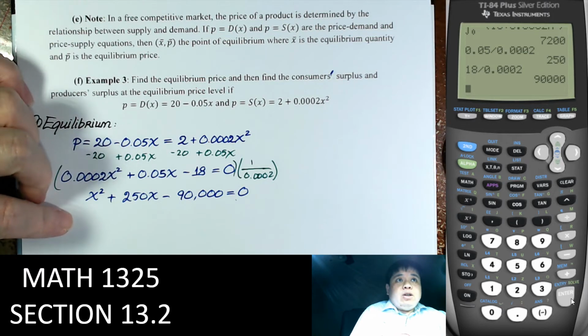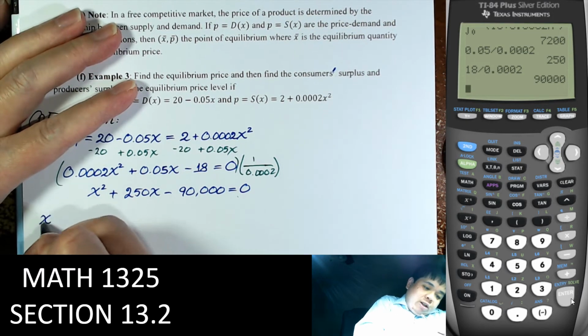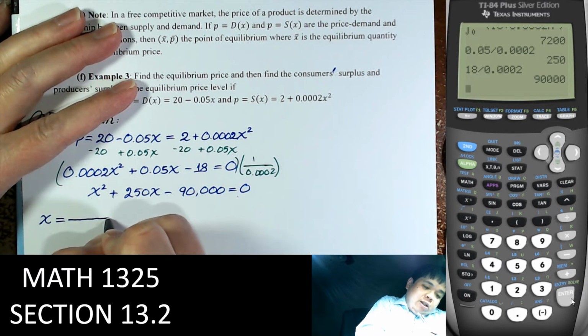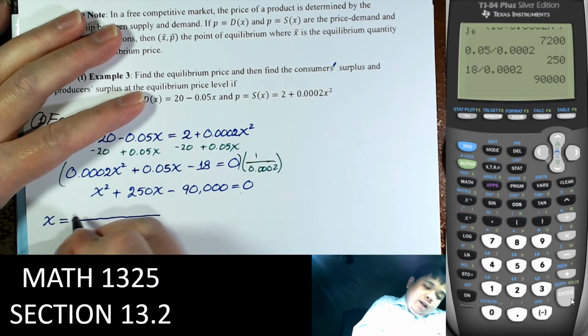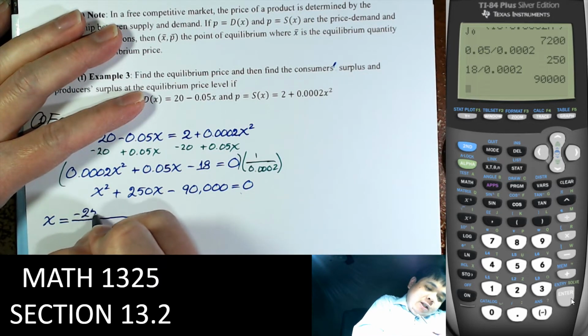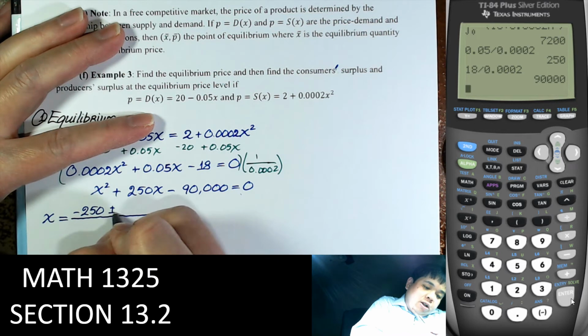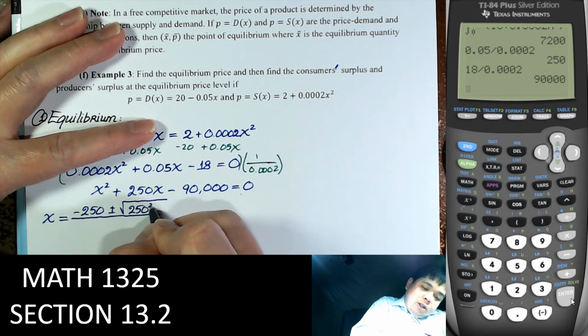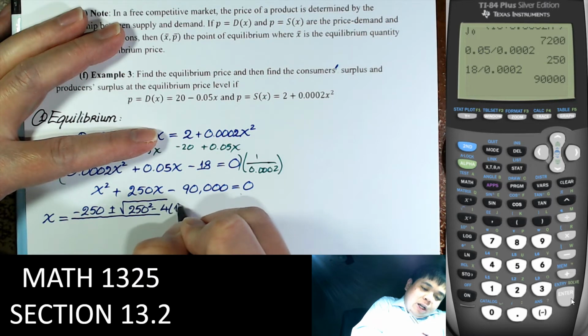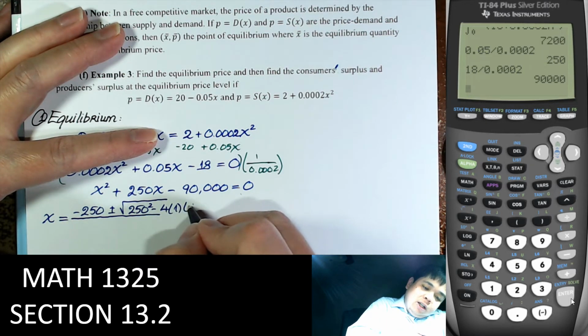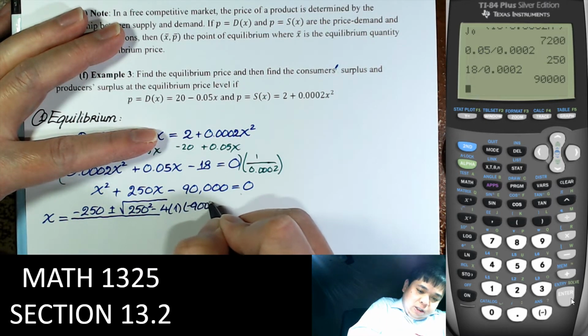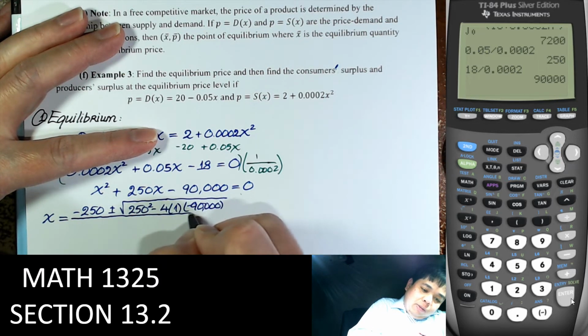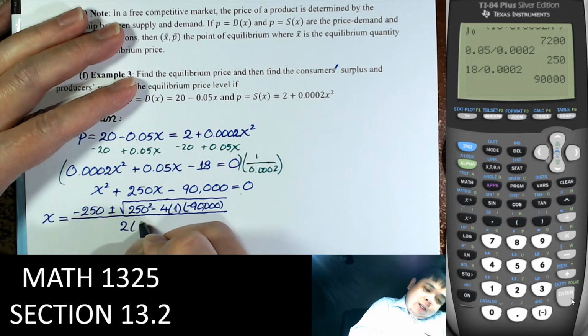Right, now we just put it in the quadratic formula and solve it: negative b plus or minus the square root of b squared minus 4ac, over 2a.